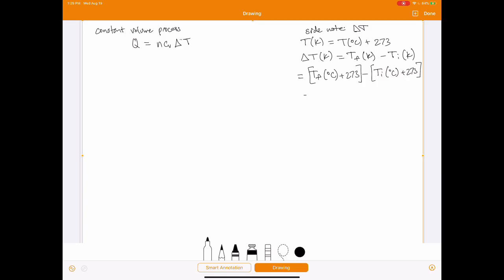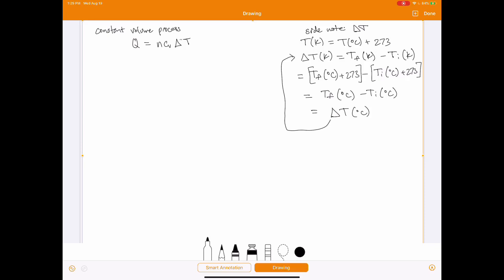So notice that the factors of 273 just cancel each other out because one's positive, the other's negative. And we get T final in degrees Celsius minus T initial in degrees Celsius, which we could say is delta T in degrees Celsius.